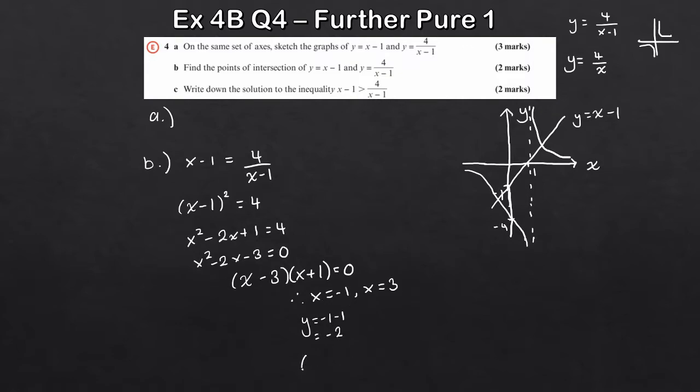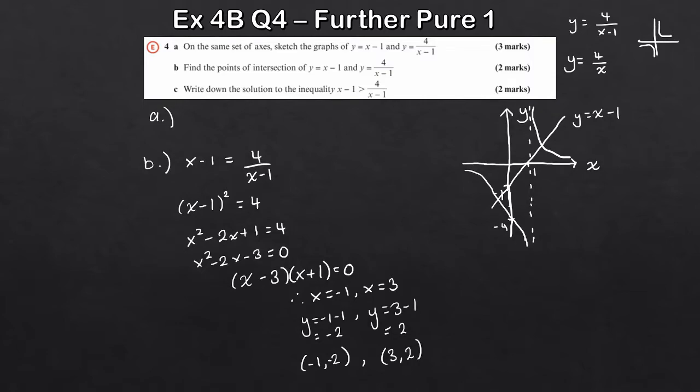Okay, so that first point there is minus 1, minus 2. And then for this one here, y is going to be equal to 3 minus 1, which is just 2. So that point there is going to be 3, 2. So then we have 2 points here of the intersection of y equals x minus 1 and y equals 4 over x minus 1.